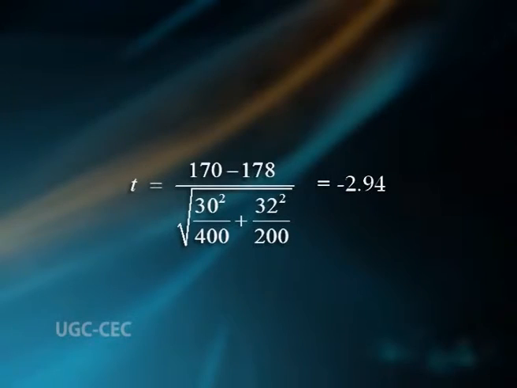Since the sample sizes are large, if sigma 1 square and sigma 2 square are unknown, they are approximated by the sample variances. Hence, here t equal to 170 minus 178 divided by square root of 30 square by 400 plus 32 square by 200, that is equal to minus 2.94. Reject H naught if t less than minus t alpha.